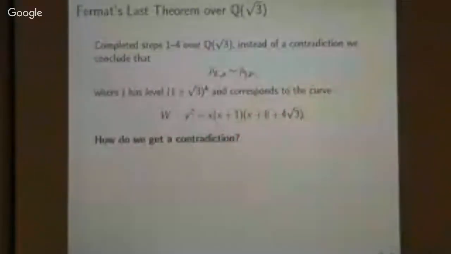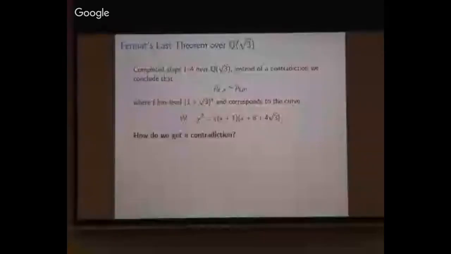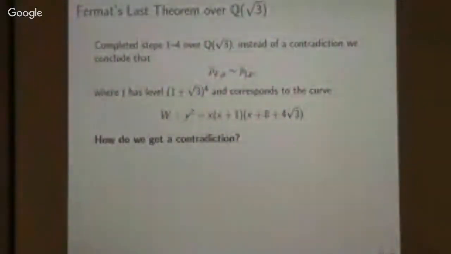Okay, so let's see what happens over Q square root of 3. If we try to apply this recipe over Q square root of 3, instead of getting a contradiction after steps 1 to 4, we get the mod p congruence from our Frey curve E and some modular form f of this level.